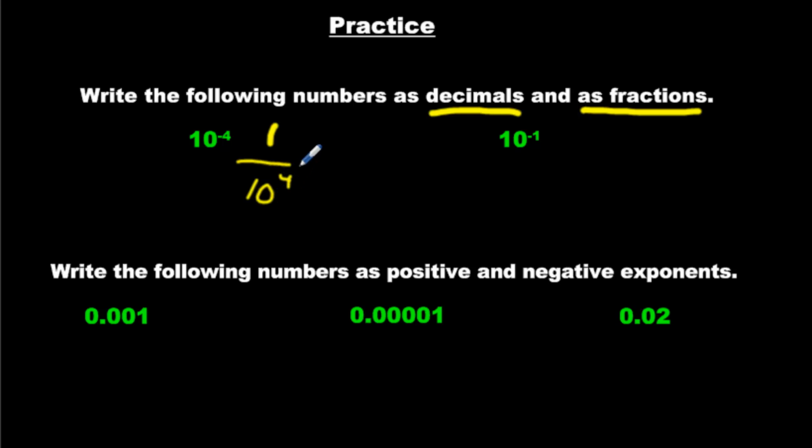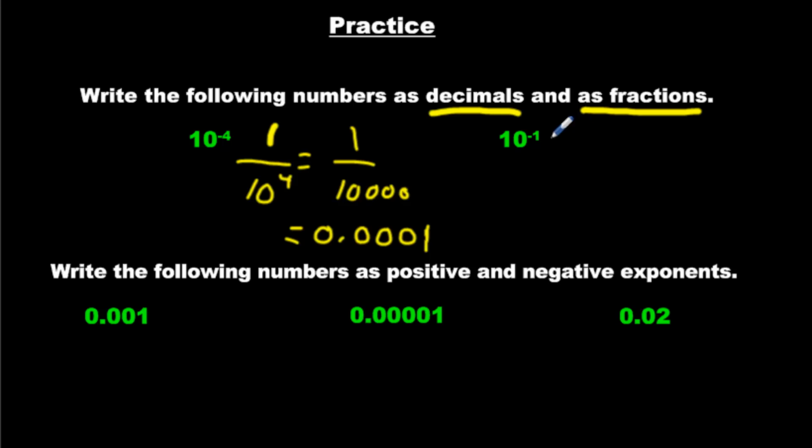And we know 10 to the 4 is, let's see, 10 times 10 is 100, times 10 is 1,000, times 10 is 10,000. 1 over 10,000 is, let's see, tenths, hundredths, thousandths, 10,000ths. Yes, we got it. Put the 1 in the right spot, the 10,000th spot.